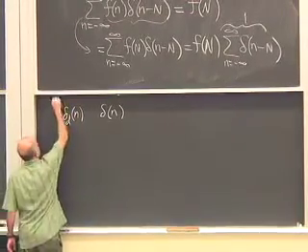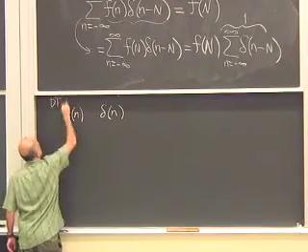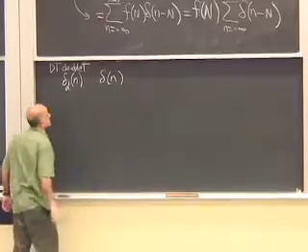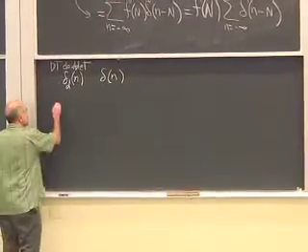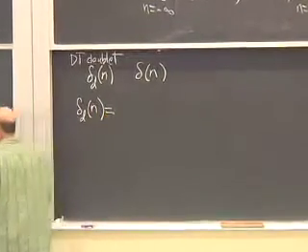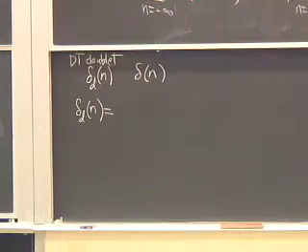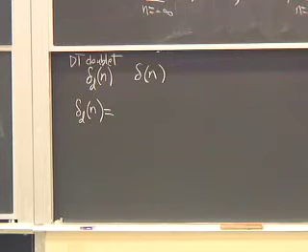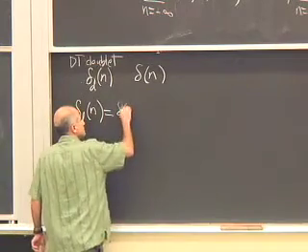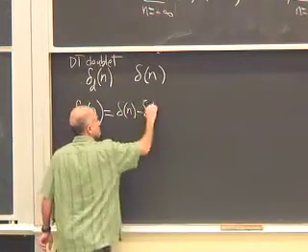This is the discrete time doublet. Just like the delta was the first difference of the unit step, this doublet is the first difference of the impulse.